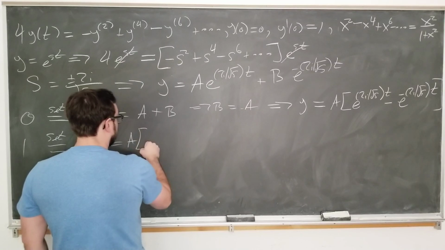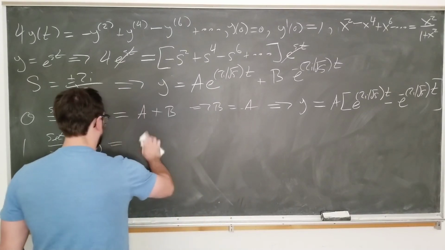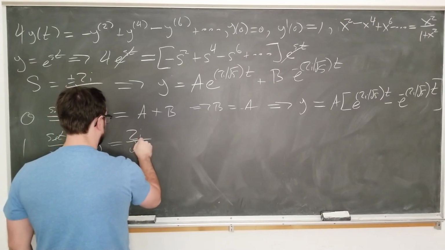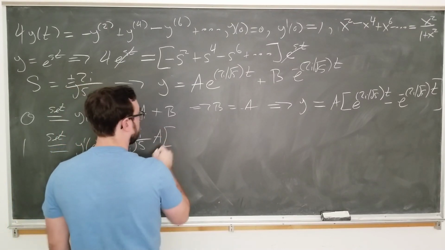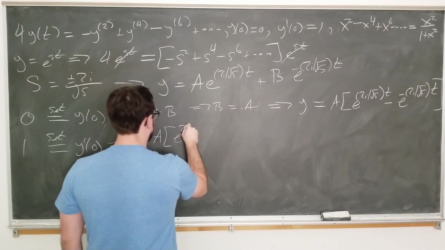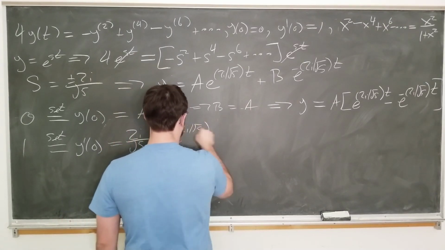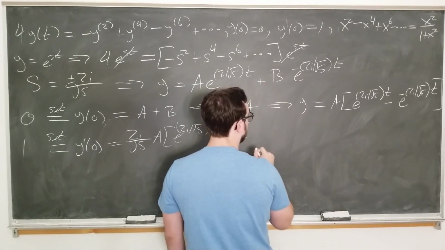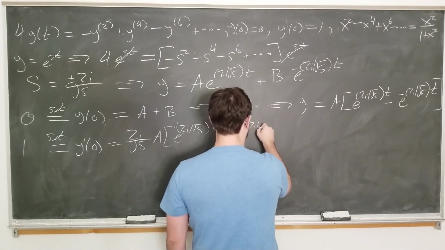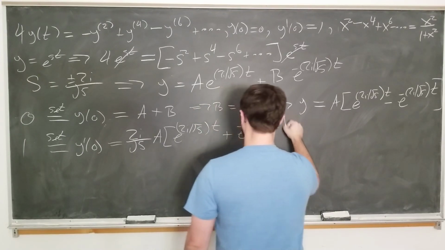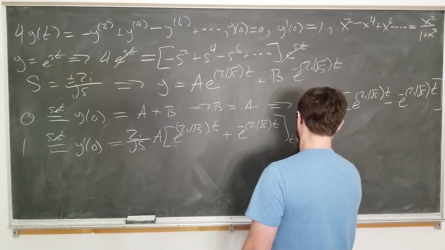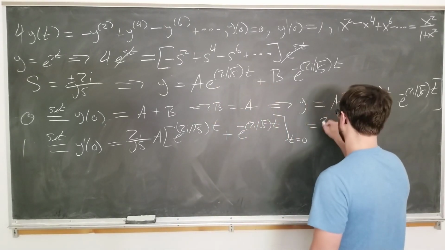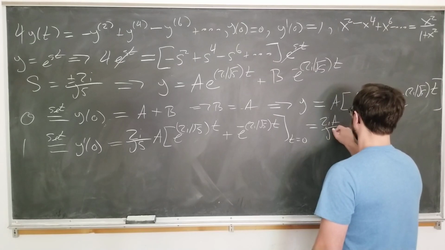We can factor out the constant: 2i over square root of 5 a times e to the 2i over square root of 5 t plus e to the minus 2i over square root of 5 t. Evaluate this at t equals 0, which is 2ia over square root of 5.